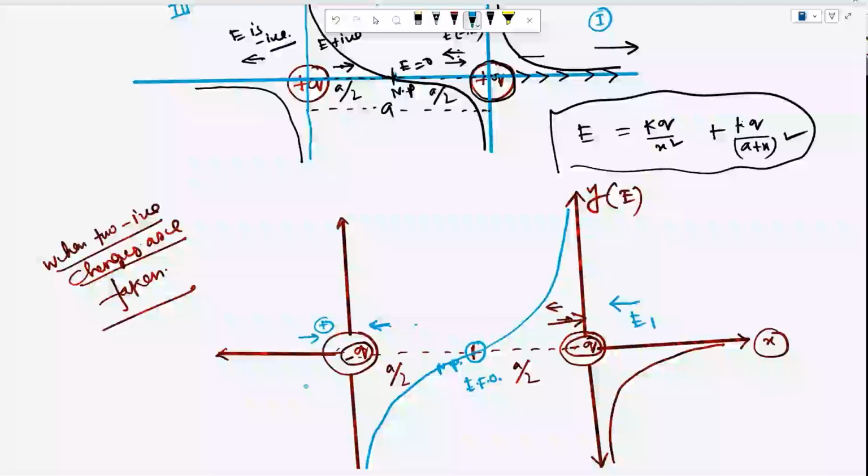So this field will be directed in what direction? This is positive. So it will be like previous graphs. About the y-axis. I made a mistake over there. It should not be so close. Just a minute. It will be like this.